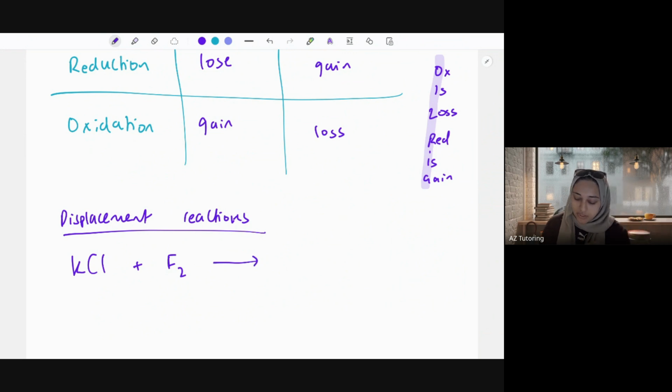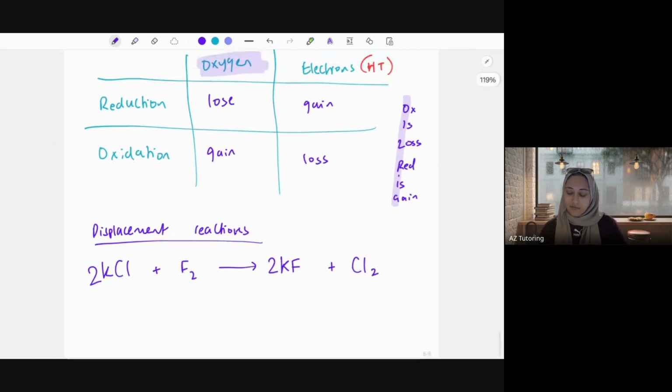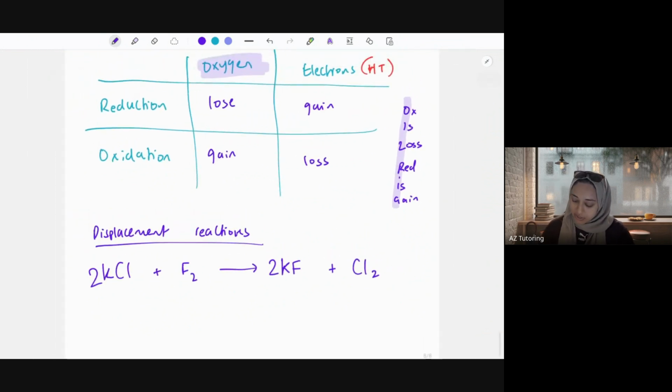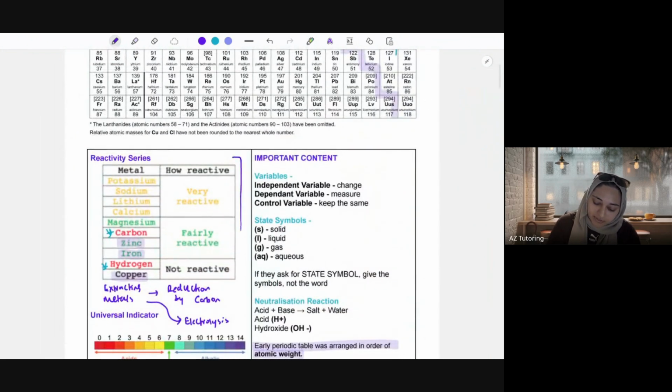Because fluorine is more reactive than chlorine, the fluorine's going to displace the chlorine out. So therefore it becomes KF, and then you form chlorine as a byproduct. Just balancing that out. Yeah, that's okay. So that's displacement reactions in terms of reactivity using the periodic table. You need to know displacement reactions in terms of the reactivity series as well.